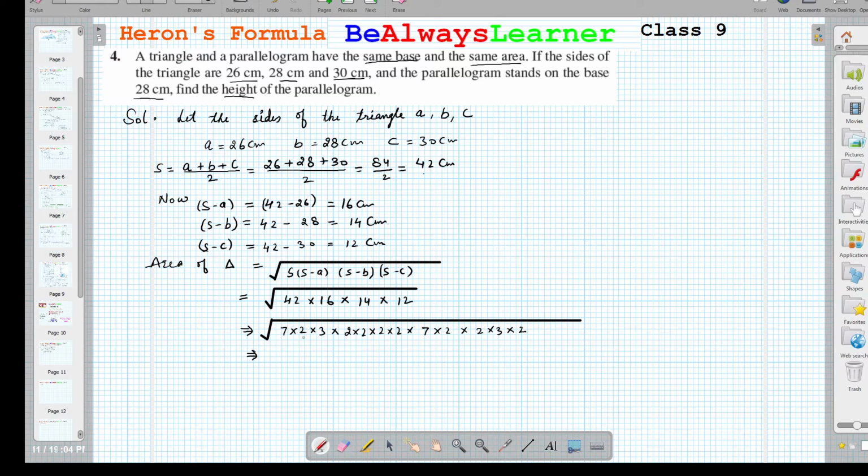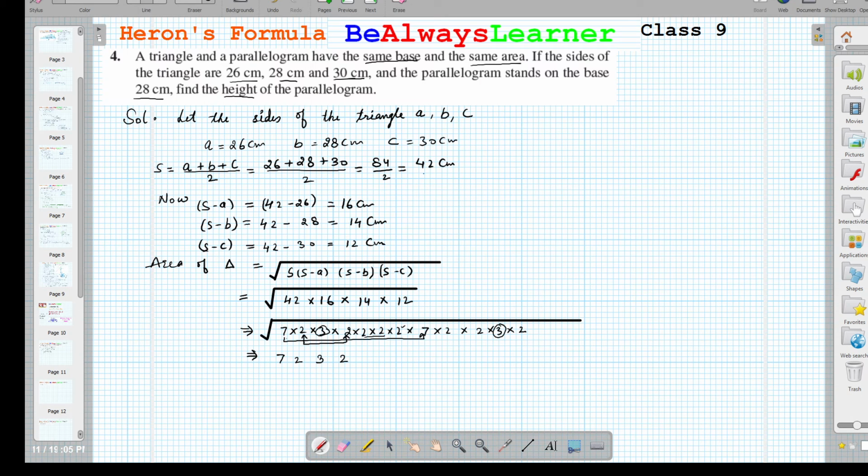This 7 will make a pair with this 7, so we get 7. This 2 will make a pair with this 2, so this will be 2. This 3 makes a pair with this 3, so we have 3. These 2 are going to make a pair.